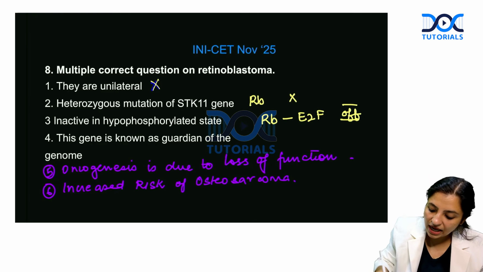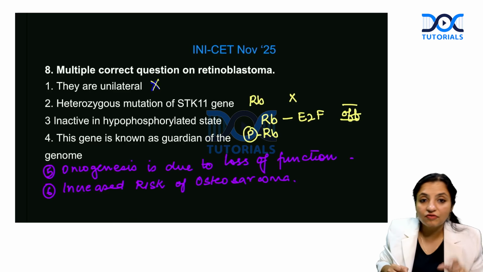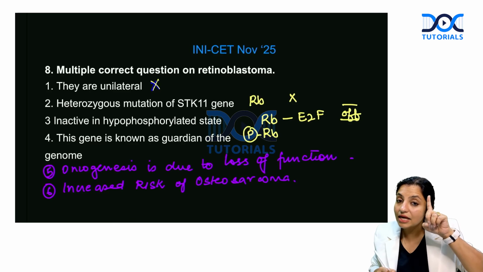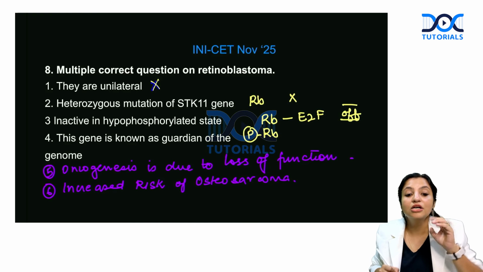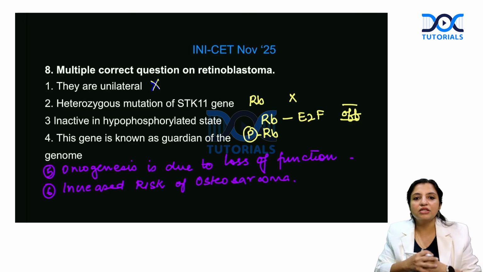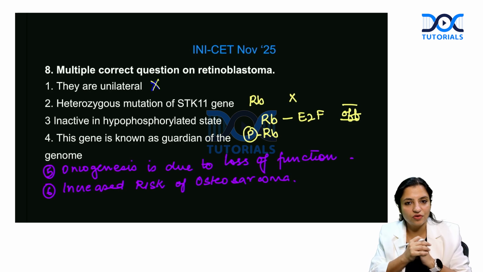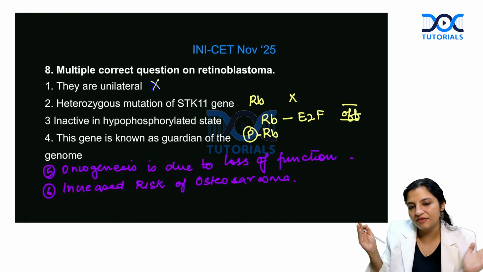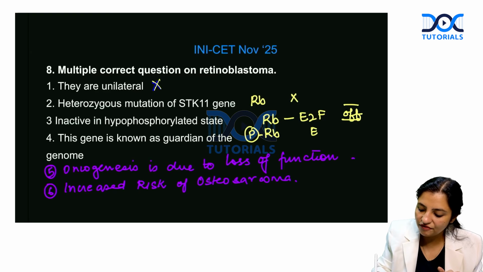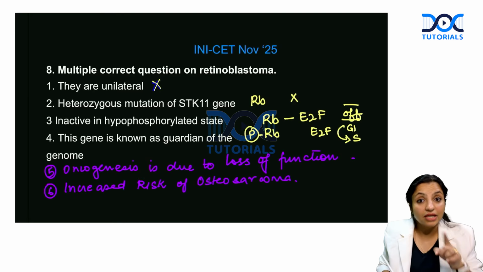If you attach phosphorus to the RB gene, this phosphorus is given with the help of cyclin and cyclin dependent kinases. So cyclin dependent kinases give phosphorus to the RB gene. Now the grandmother is saying, okay, I have got a new company of phosphorus, so let me leave E2F. Then she will leave E2F, and the cell cycle will move from G1 to S phase. That is what will happen.